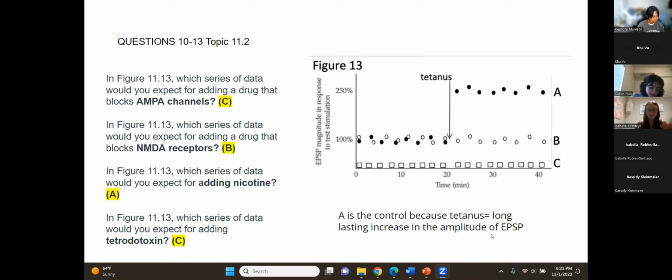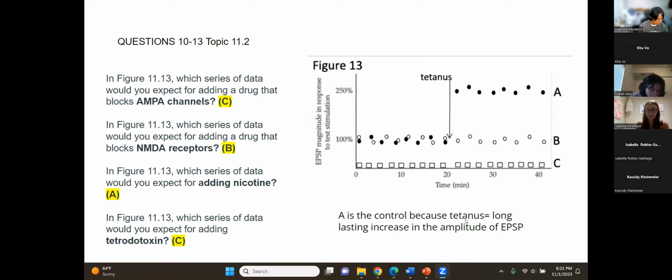Just to go back to NMDA receptors: NMDA is associated with long-term potentiation, and it has Mg that blocks it. Glutamate will bind to NMDA, but this won't remove the Mg.